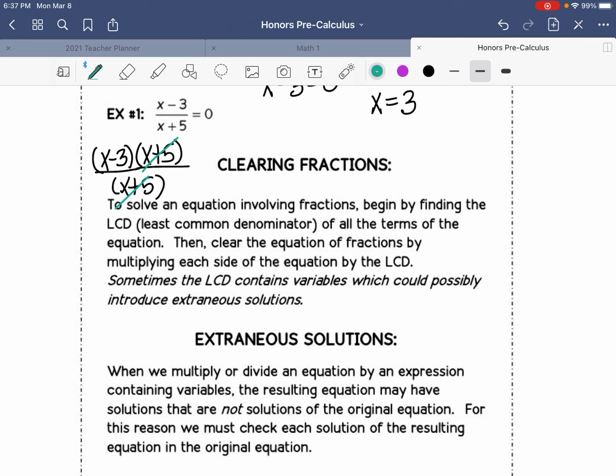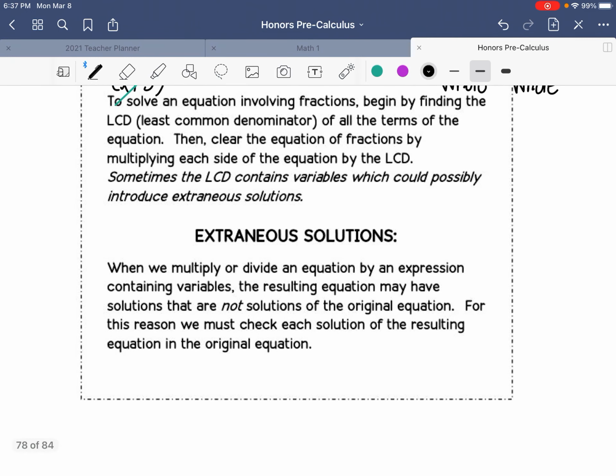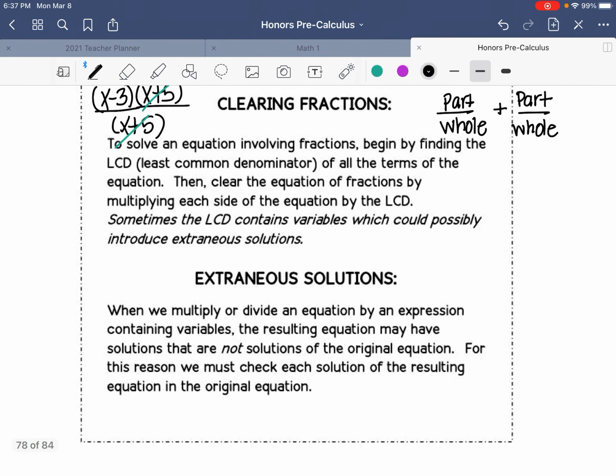A fraction is part over whole, and we can't add or subtract something unless the whole, or the denominator, is the same, okay? So we have to make sure that they are equivalent in the denominator. So we are going to learn how to multiply in order to find those fractions and those least common denominators.